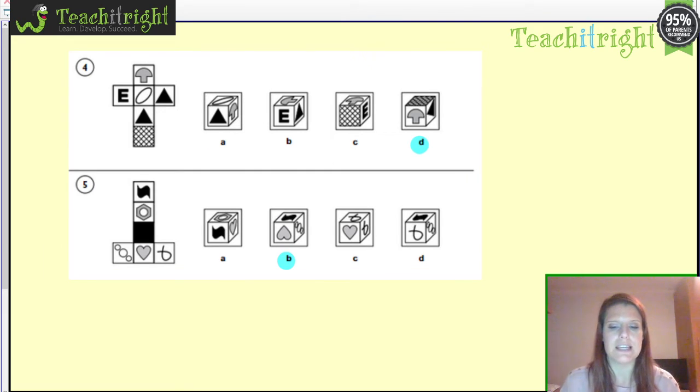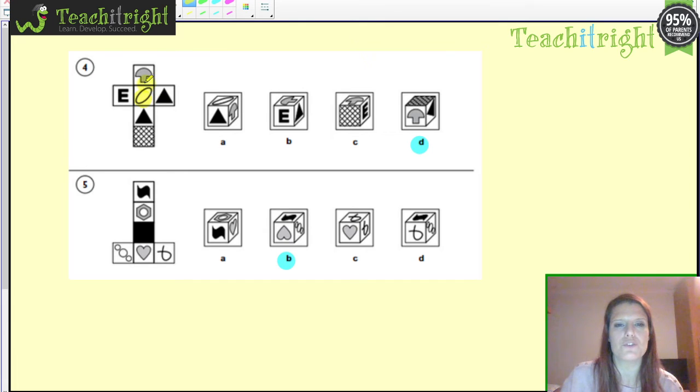Number 4 was D. This is because it can't be A. The face with the ellipse is never above the top of the grey mushroom shape. You'll see on the net, it's underneath it.